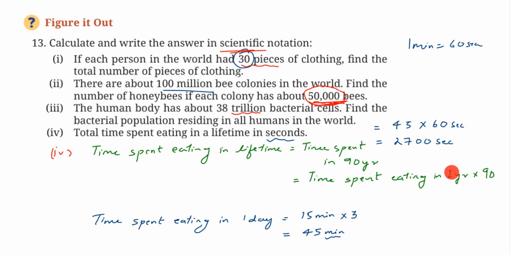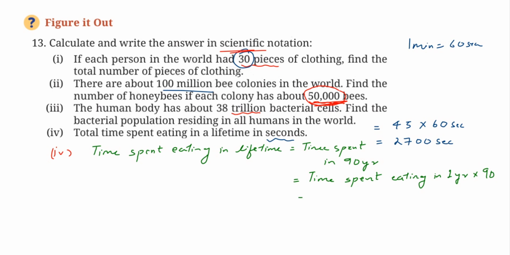In 1 year, how many days are there? There are 365 days. So this is equal to time spent eating in 365 days.